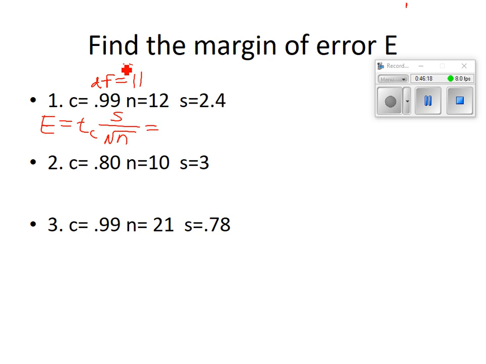So look up 11 and 99 on your chart. 3.106 times our s, which is 2.4, divided by the square root of 12. I got 2.152. Anybody else get that? So that's our margin of error for that problem.